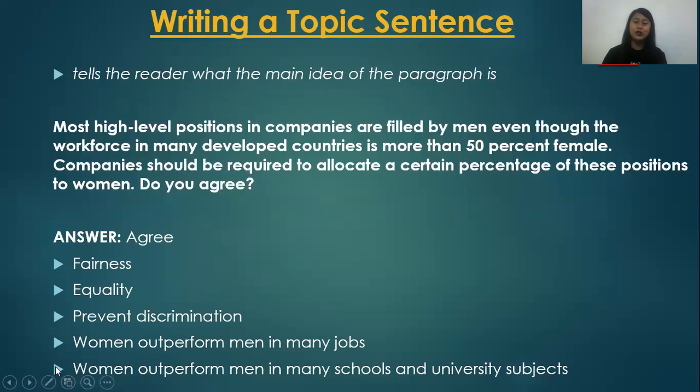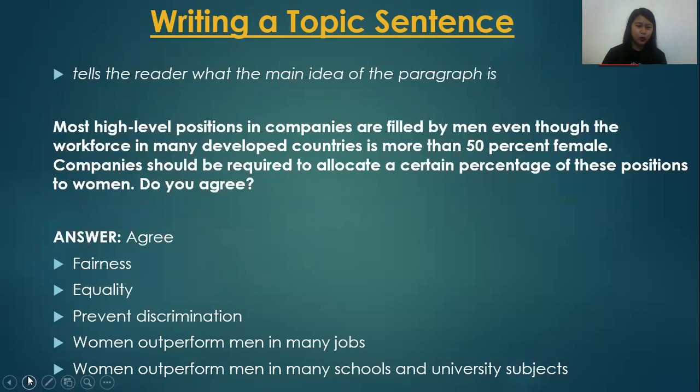But of course, you don't have to write all of them. You just have to choose 2 which you believe you can easily extend, easily support with specific examples. And you don't have to worry about the other ideas that you've generated. You just have to make sure that you've got 2 which you feel comfortable writing more.